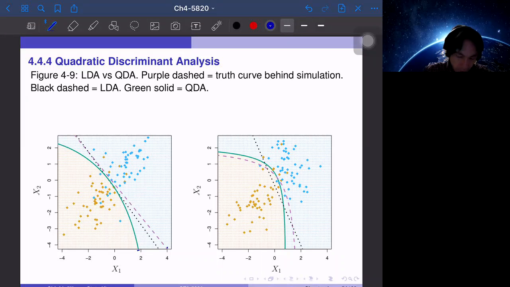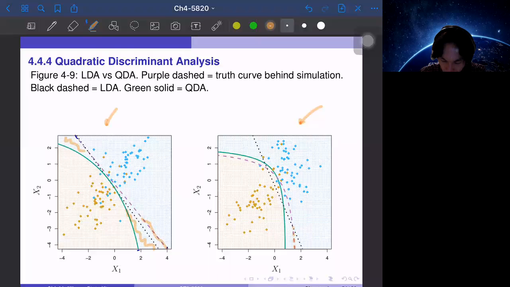You can see that on the left pane, the true boundary is linear, so LDA works better. In this area LDA is correct, but QDA is not correct. So almost always LDA is better. But on the right pane, QDA is better. The true decision boundary is quadratic.